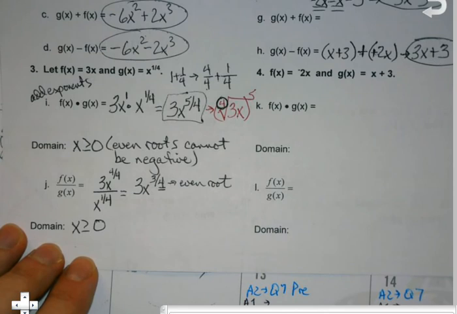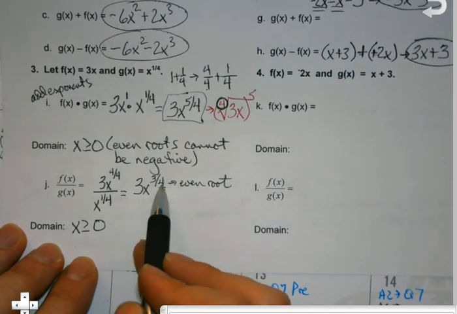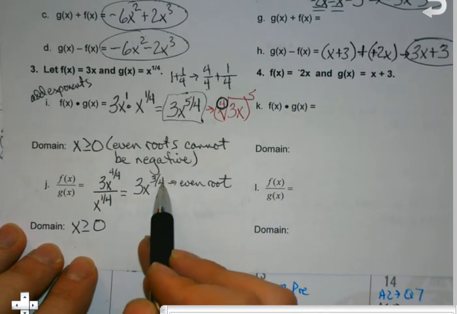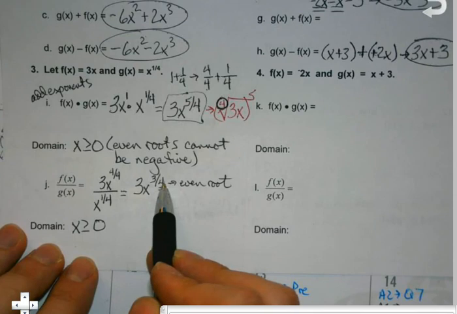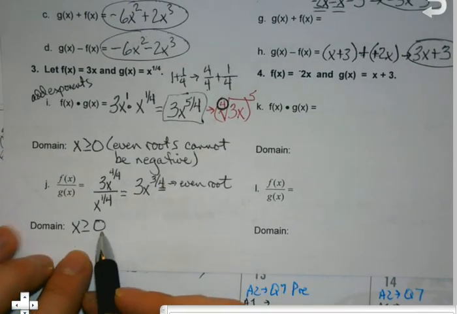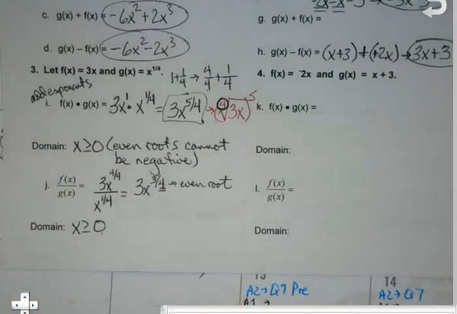Anytime you get an even root, if this is a 2, a 4, a 6, an 8, whatever, that's automatically going to put you into your domain having to be greater than or equal to 0. Because if it's not, you're going to get an error message on your calculator. Yep, we're just subtracting the 4 minus the 1 to be able to get my 3/4 on that one.